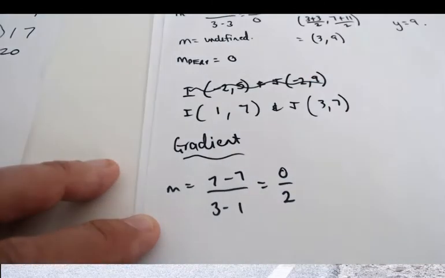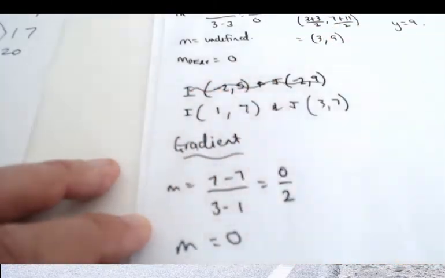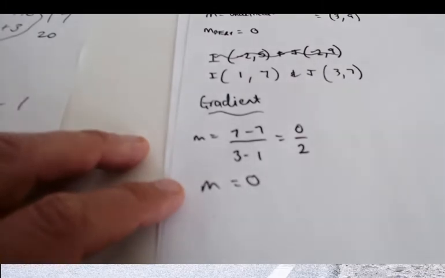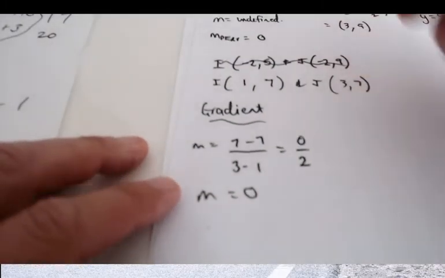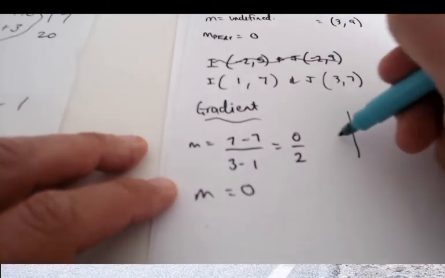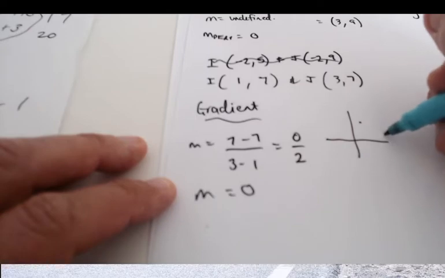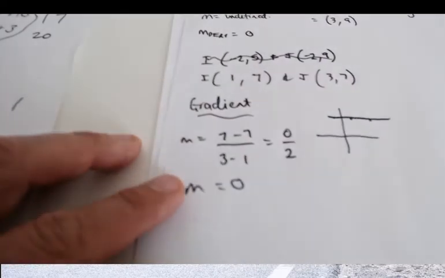What is 0 divided by 2? That's right, it is 0. So what does that mean? It means that we must have a horizontal line. If we've got a horizontal line, 1, 7, 3, 7, so we have this horizontal line happening.